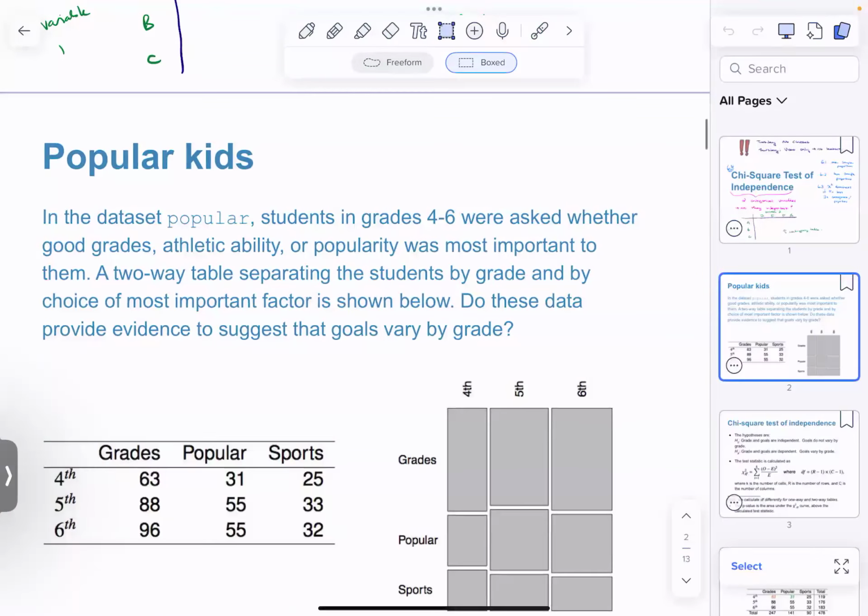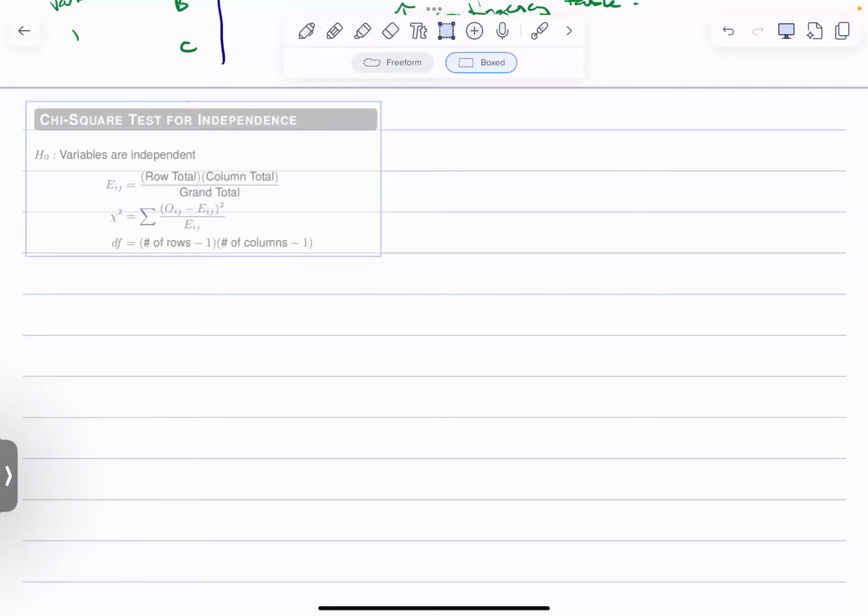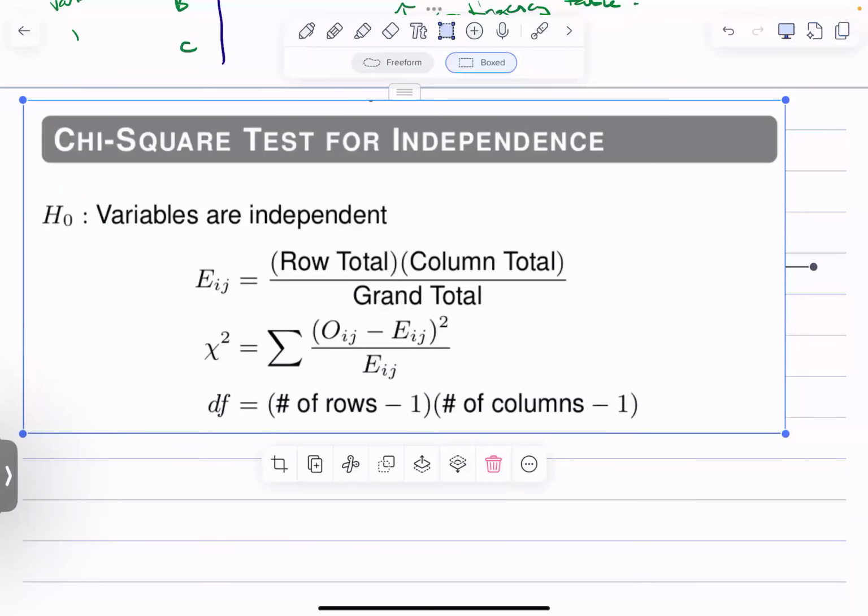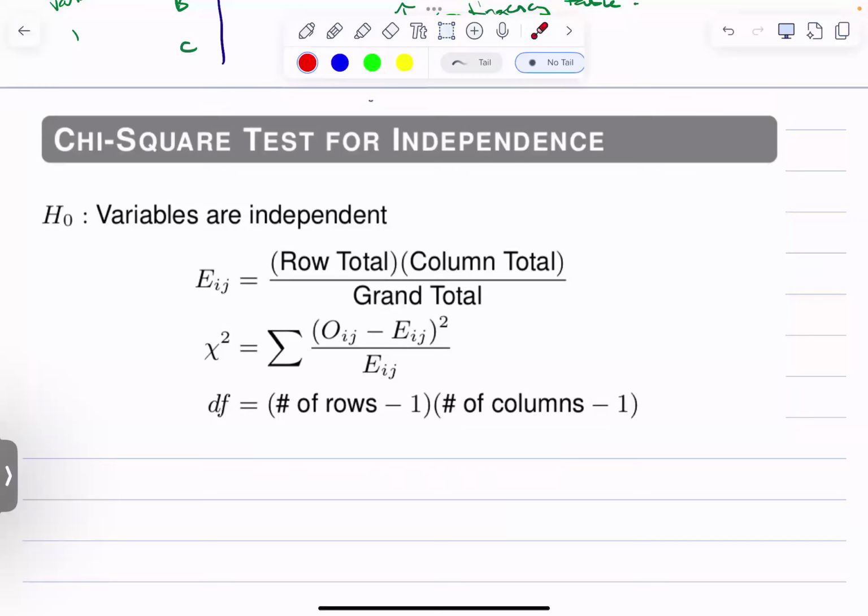I'm going to paste it in here. So on your formula sheet, your null hypothesis in general would be that the variables are independent of each other. Okay? And the alternative is that they're not independent of each other.